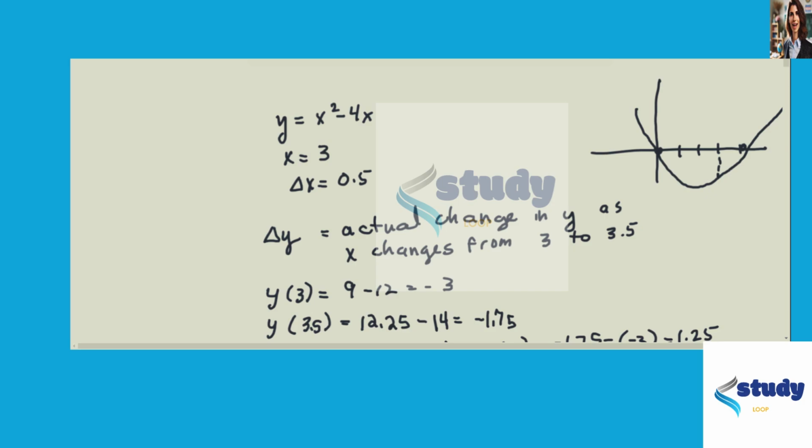So if we look here, that's f of 3, and then here's f of 3.5. The actual distance between them should be 1.25. And then if we draw this tangent line here, the distance between it and the point should be 1.